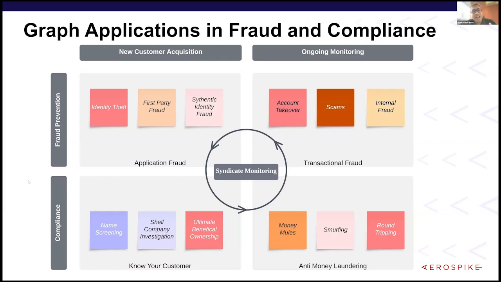And then finally, the ultimate beneficial ownership, which is basically who is the actual owner of an organization. This becomes tricky as there are multiple layers. For example, if you have a single layer, two directors for a particular company is pretty easy. But then they would structure it so that a vast majority of the ownership is with another company, that company is owned by another company, and so on and so forth.